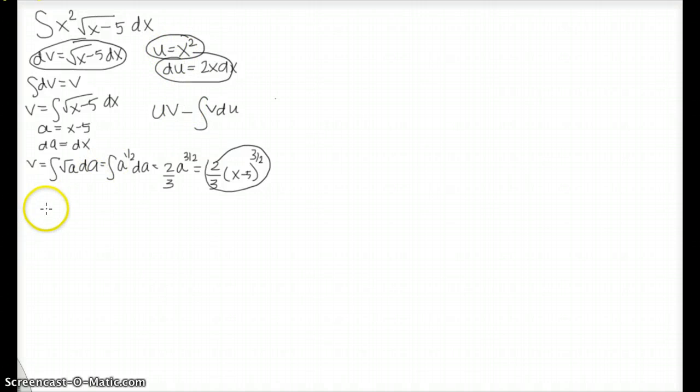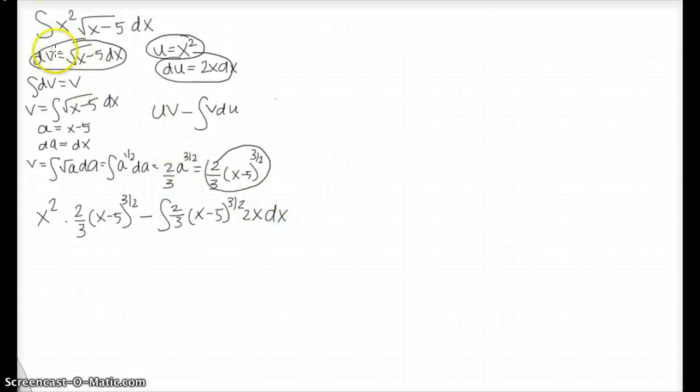So u is going to be x squared, v is here, so we have x squared times 2/3 x minus 5 to the 3/2, minus the integral of v again, 2/3 x minus 5 to the 3/2, and times du, so du is this 2x dx here. So all I've done is from here, I've identified my dv, my u, my du, and my v, and then I've gone ahead and plugged it into here.